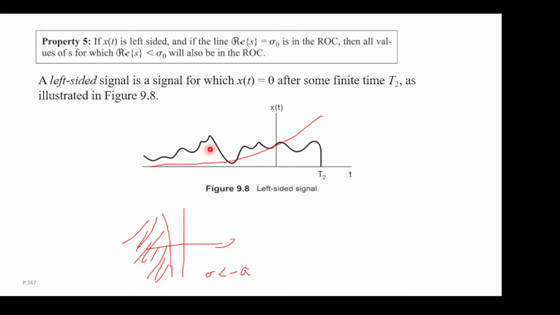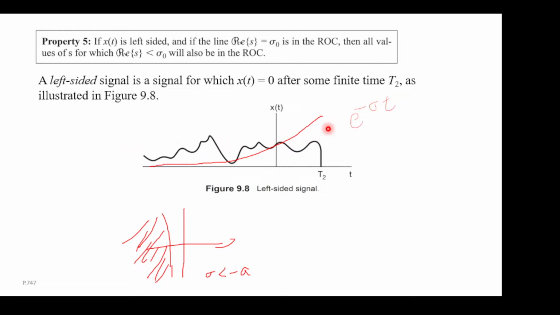So this line once again is our e to the minus sigma t. E to the minus sigma t with a negative sigma is actually a growing exponential, but it's decaying toward the negative infinity side.